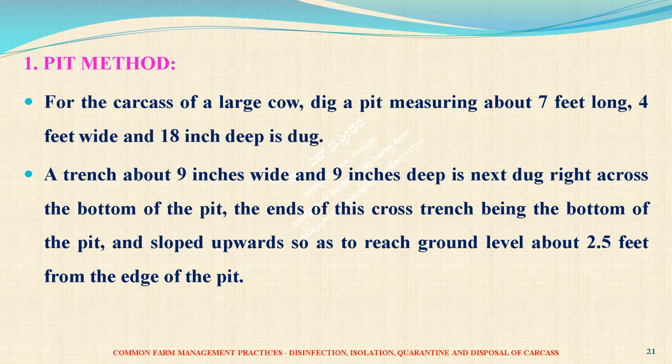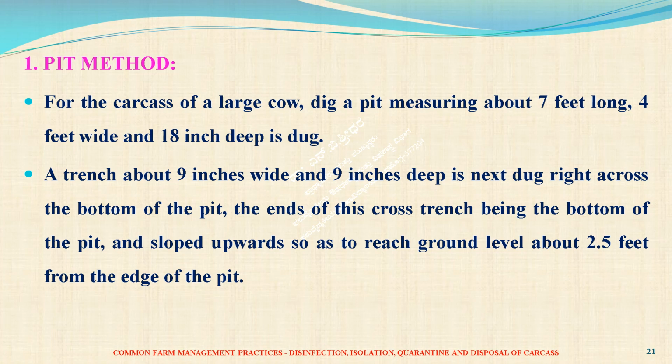For the pit method, for a carcass of a large cow weighing about 250 to 300 kg, a pit measuring about 7 feet long, 4 feet wide and 18 inches deep is dug. Sufficient depth should be there so that parts of the carcass do not come out and attract predators like dogs and foxes.